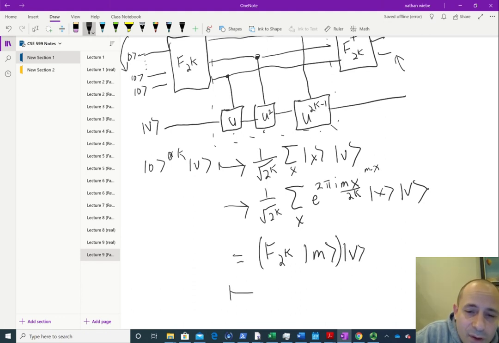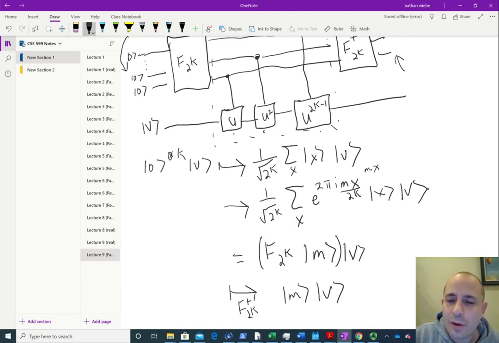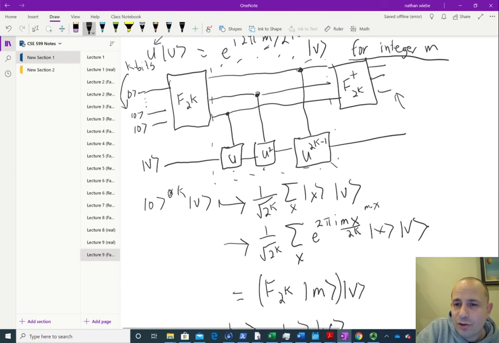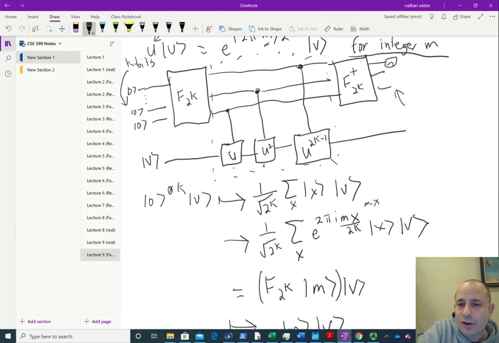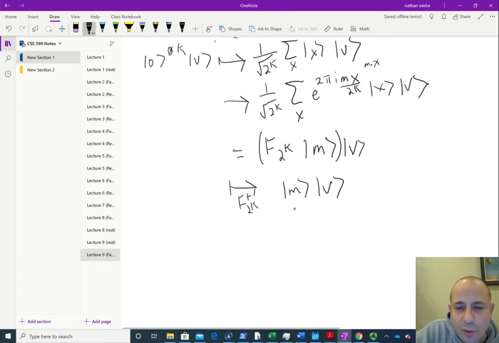And so now if we apply F_{2^k} inverse to this, we just end up getting |m⟩|V⟩. So if we were to measure these top bits over here, then with 100% probability, what we would end up getting is this bit string encoding m.